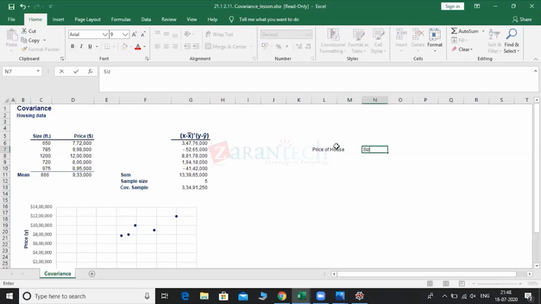As the area in square feet increases, the price will most likely also increase, given all other parameters constant, like the geography where it is located. So there is a direct relationship between these two things.